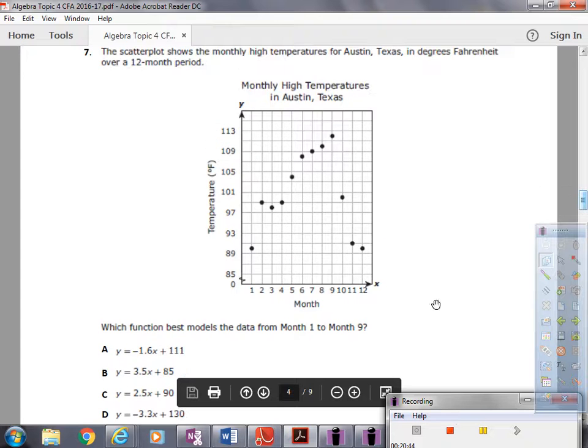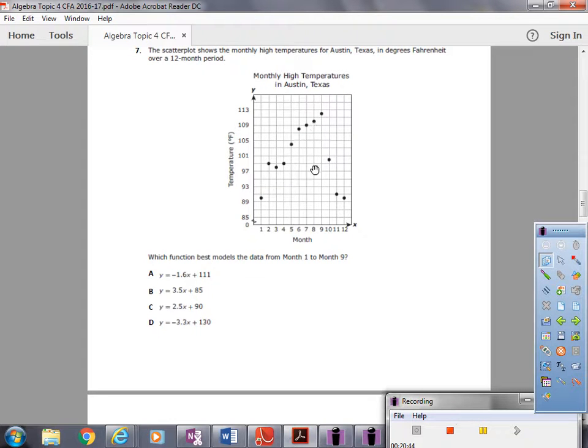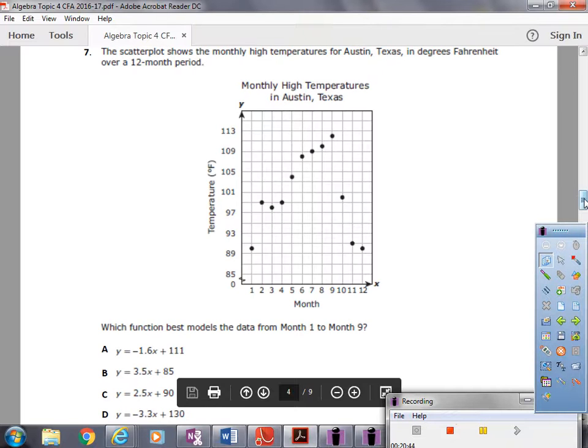So what we need to do is look at month 1 through month 9 and look at those points only. You can see how these points are after month 9. It's like a little scatter plot. So they want to know which one of those functions would be the best one for that data.